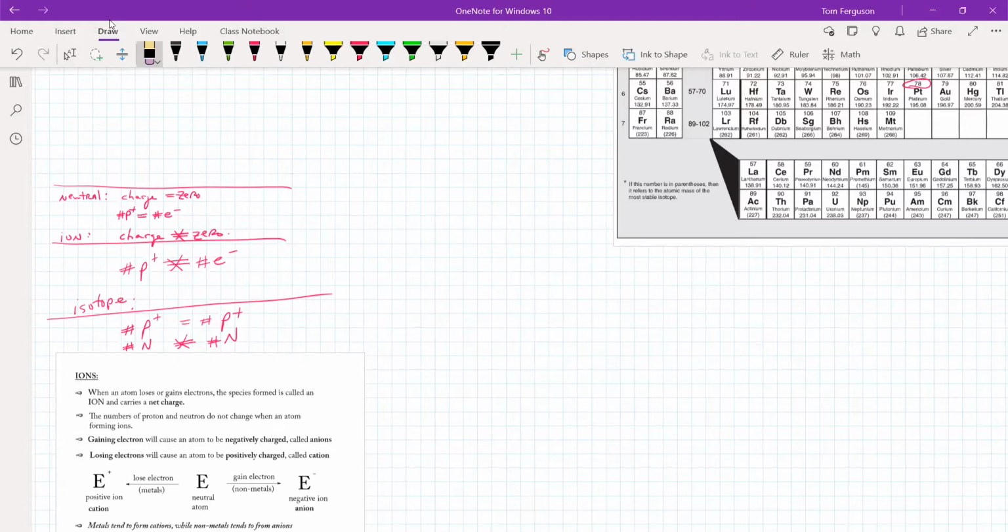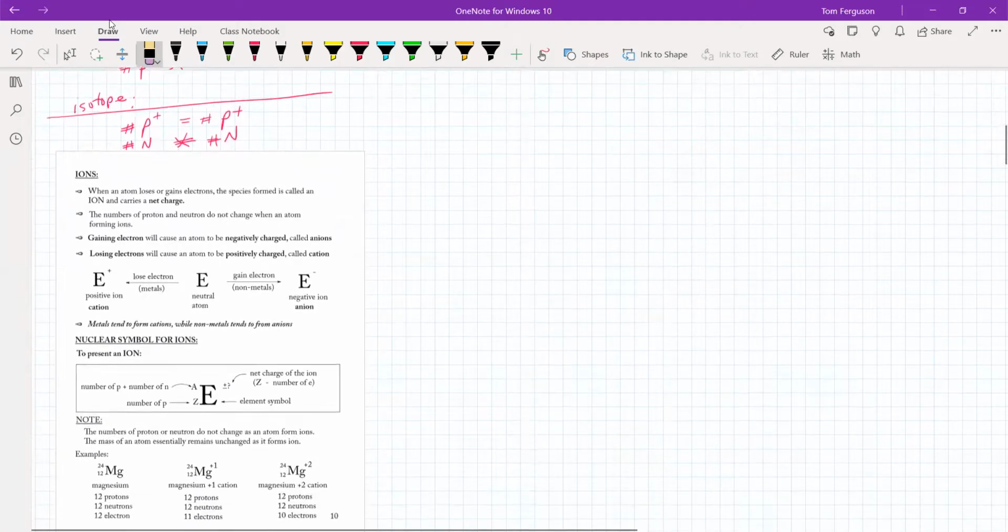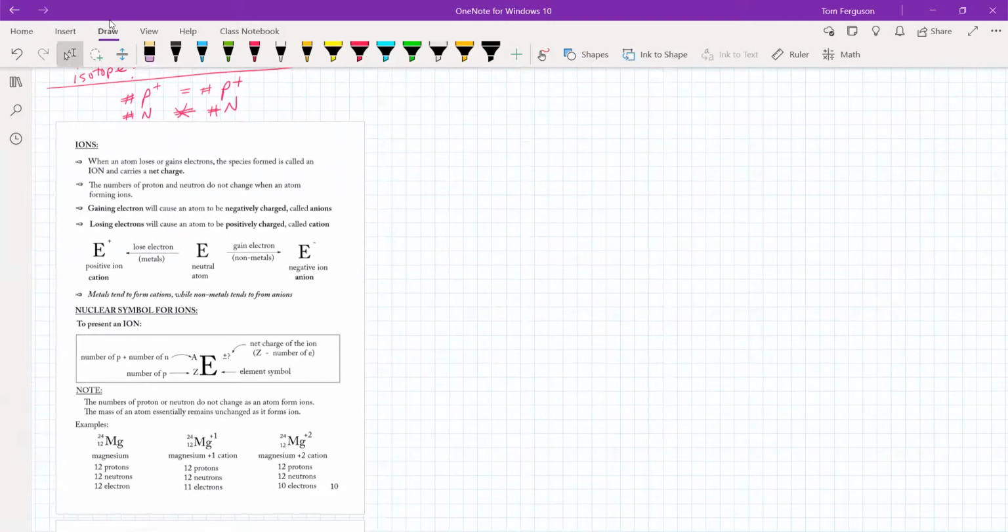Okay, so let's delve now into this whole ion thing here. When an atom gains or loses an electron, or two or three, it will take on a charge because then the electrons don't equal protons. That means there's no net canceling of charge. So there's going to be a surplus of one or the other.